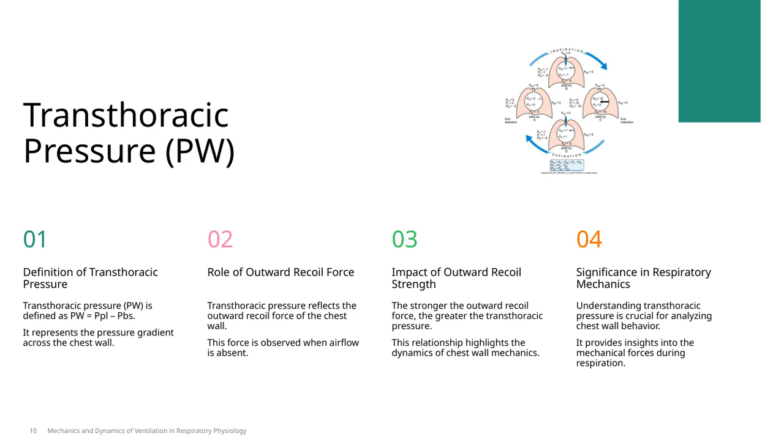Understanding transthoracic pressure helps us analyze how the chest wall behaves during breathing. It provides valuable insights into the mechanical forces at play, which are essential for a comprehensive understanding of ventilation. This knowledge ties back into the overall theme of how different forces contribute to effective respiration.